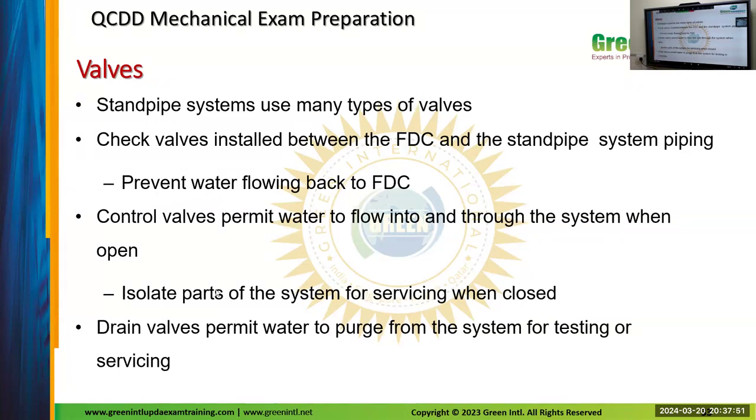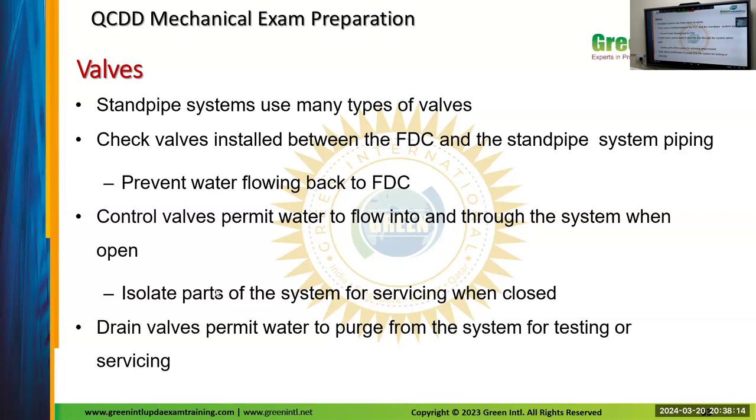So the other component is valves. A standpipe system may use different types of valves. There will be a valve at the FDC connection to prevent water flowing back to the FDC connection. There will be an NRV connection. Why are we using an NRV at the FDC connection? Because in standpipe systems, they may be connected to the municipal water connections.